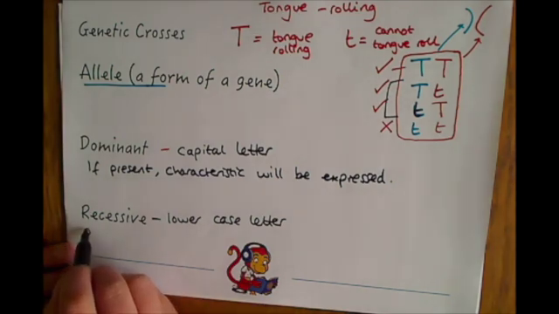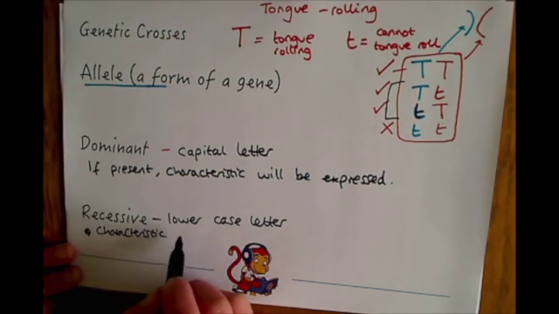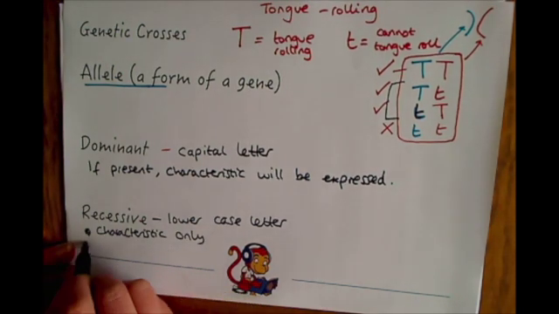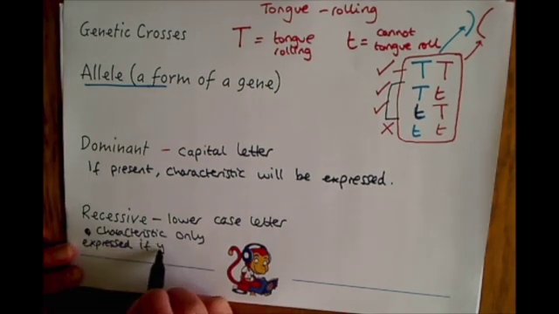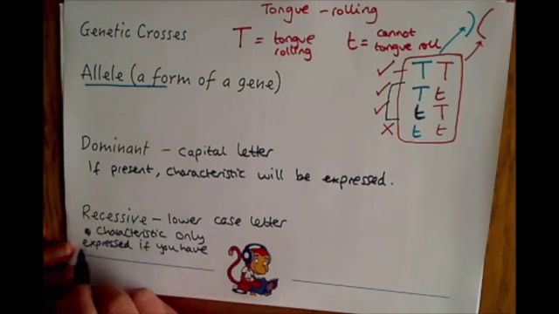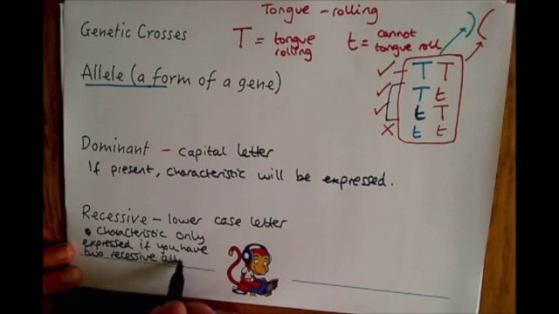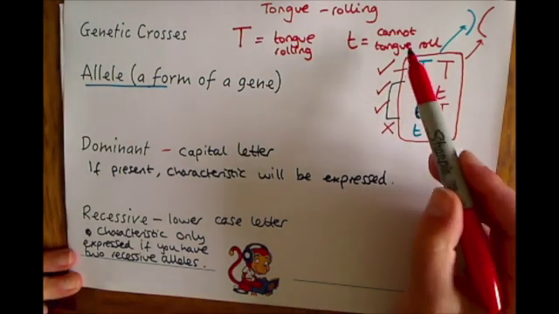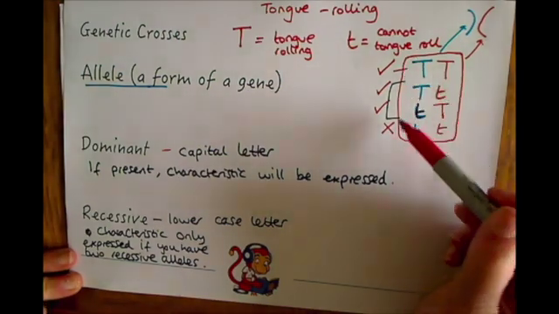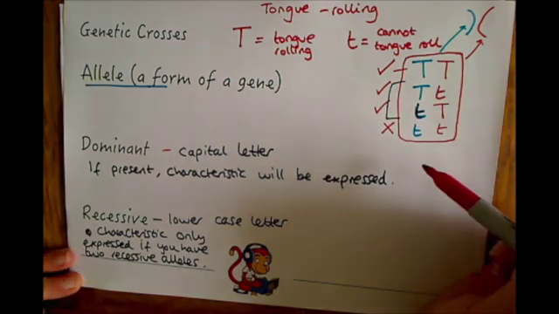So the characteristic is only expressed if you have two recessive alleles. Okay, so in this case here, you can carry the allele for not being able to tongue roll, but it won't be expressed. So they're kind of hidden in your genetics, but they're not expressed.